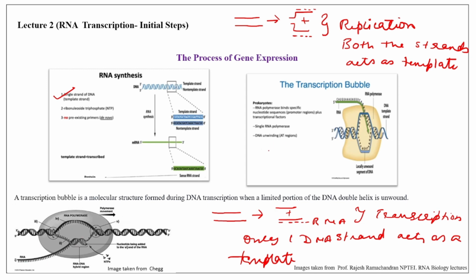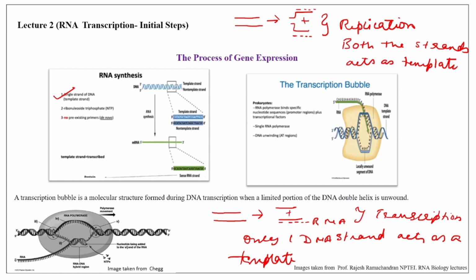You can see this is the image I have taken from Sir's class only. You can see RNA polymerase binds a specific nucleotide sequence. So this is your DNA. It is melted, temporary melting is there, and this temporary melting causes the RNA polymerase to bind, and then your RNA is formed.